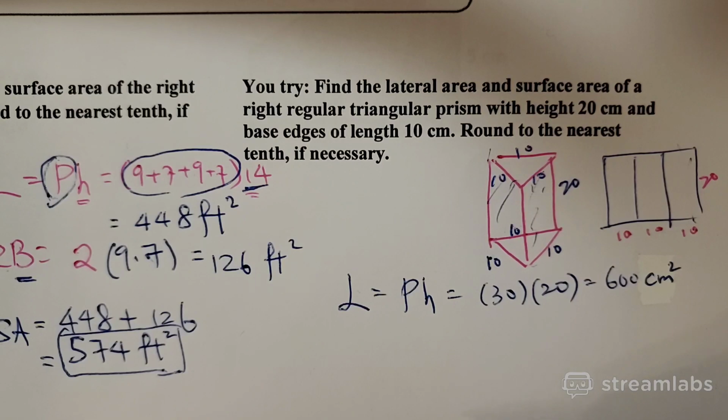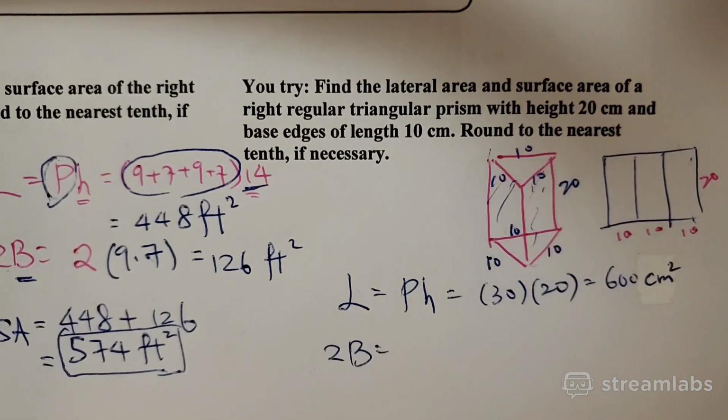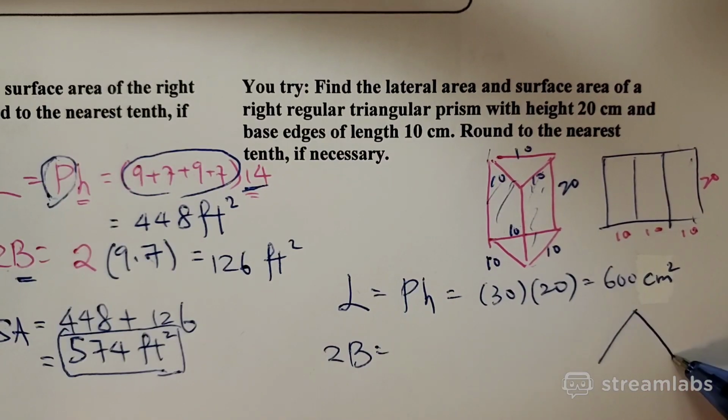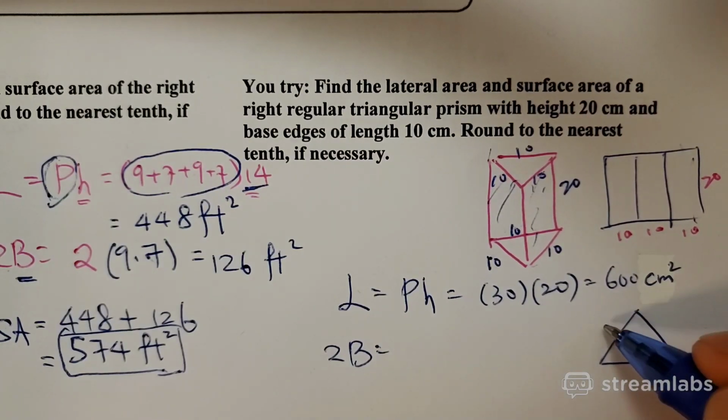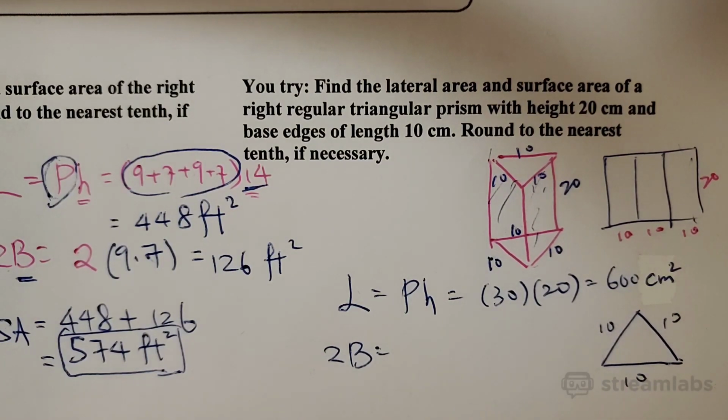And then your two bases are going to be triangles. Right now we're looking at an equilateral triangle. Equilateral means 10, 10, 10. There are many ways you can find the area of this triangle. You can find a height if you cut it in half.